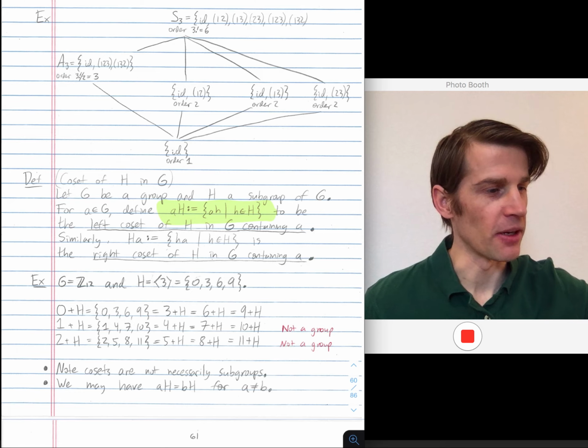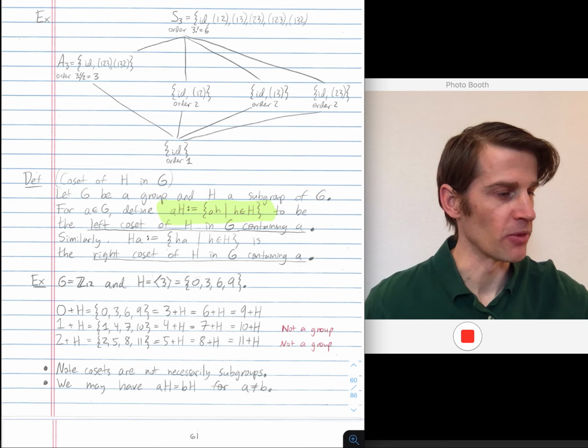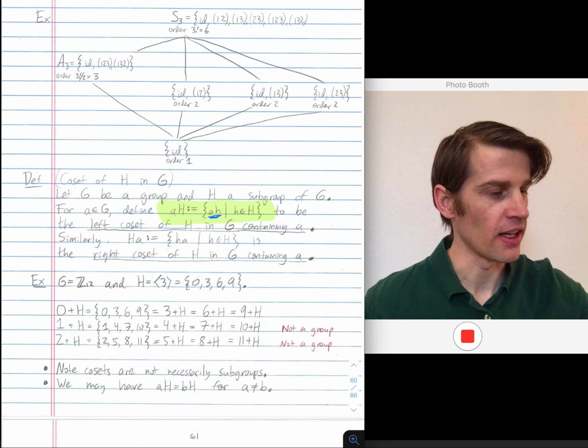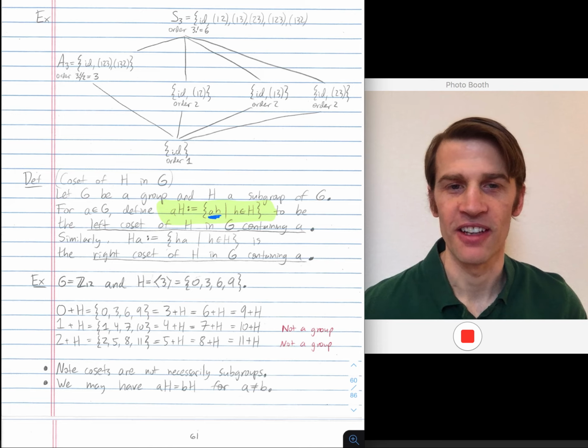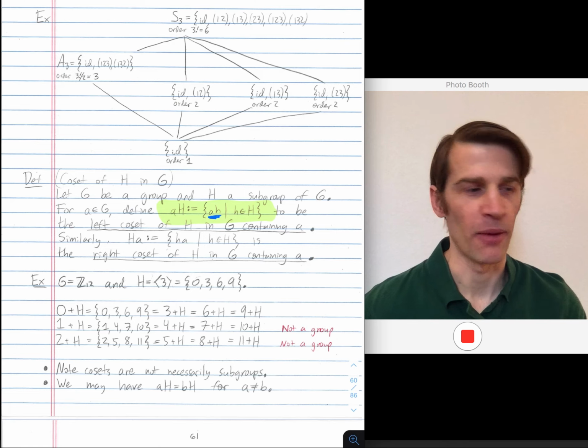So I'm taking a and multiplying it by an arbitrary element, little h, of my subgroup. Those products, a times little h, are the elements of my coset aH.